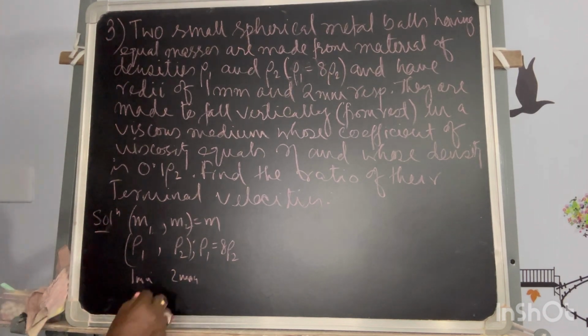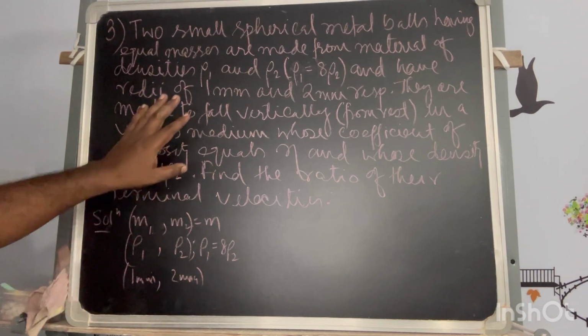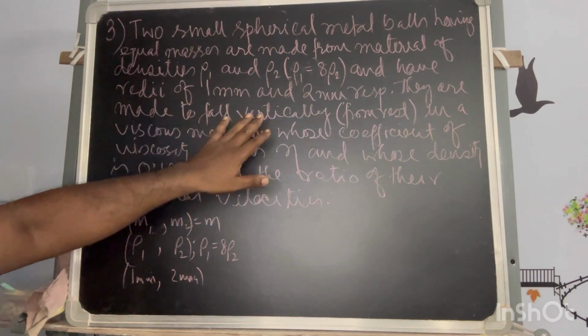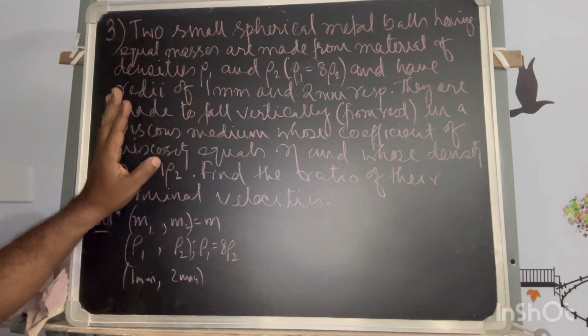Right now I am not converting into CGS because only one unit is given, 1 millimeter and 2 millimeter, that can be converted into centimeter. So I will do it later if it is needed. They are made to fall vertically from rest in a viscous medium.